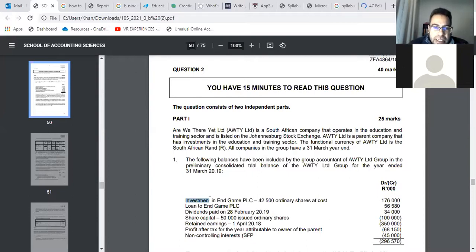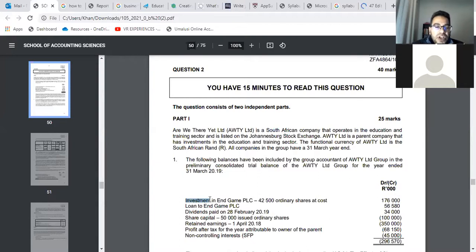The loan is 56 million Rand. Dividends paid on 28 February 2019 are 34 million. Then we have share capital, which is 50,000 issued ordinary shares. We have retained earnings on 1 April 2018. Take note that this is retained earnings at the beginning of the year.